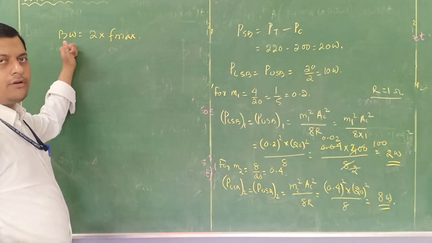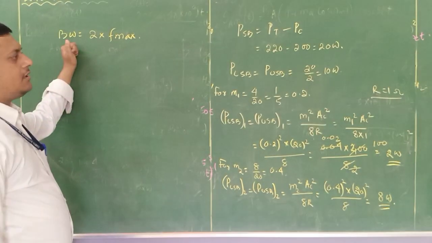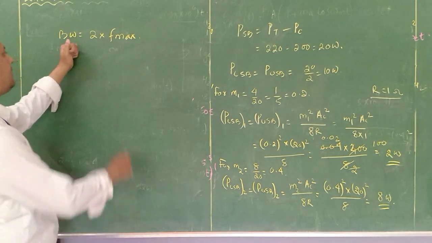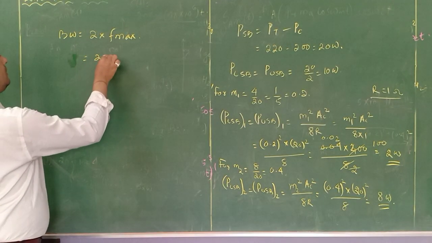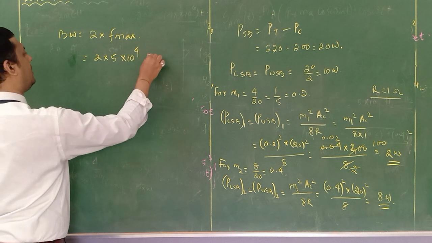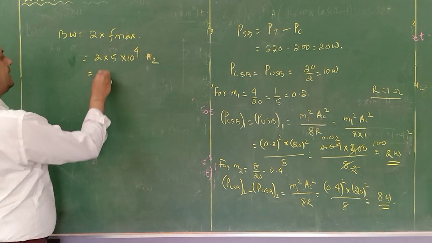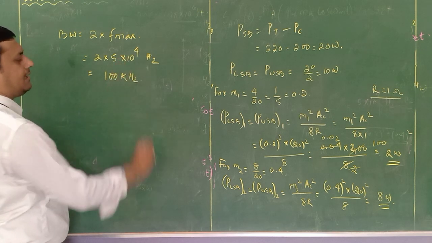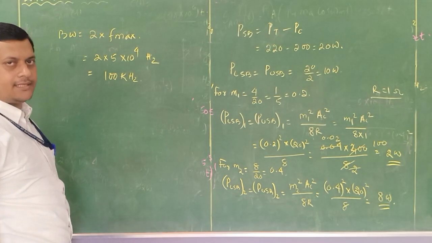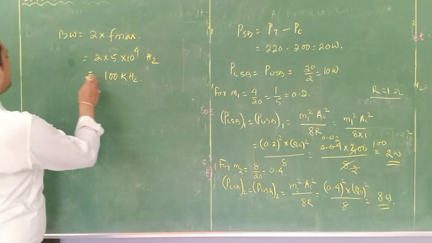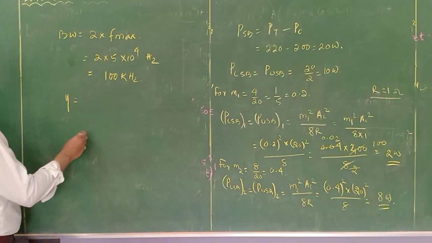F1 is 4 into 10 to the power 4 hertz and F2 is 5 into 10 to the power 4 hertz. Which one is the maximum? 2 into 5 into 10 to the power 4 hertz. So here I can say it is 100 kilohertz is the bandwidth of my AM signal, which is a multi-tone modulated signal.